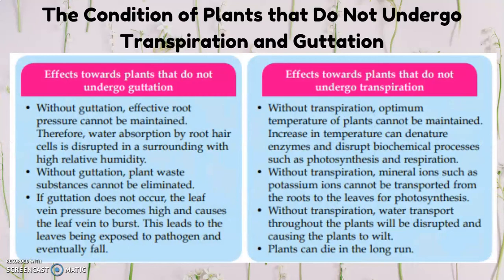Okay, next we look at the conditions of plants that do not undergo transpiration and guttation. We want to focus on the effect on plants that do not undergo transpiration and guttation. First, the effect towards plants that do not undergo guttation. Without guttation, effective root pressure cannot be maintained.